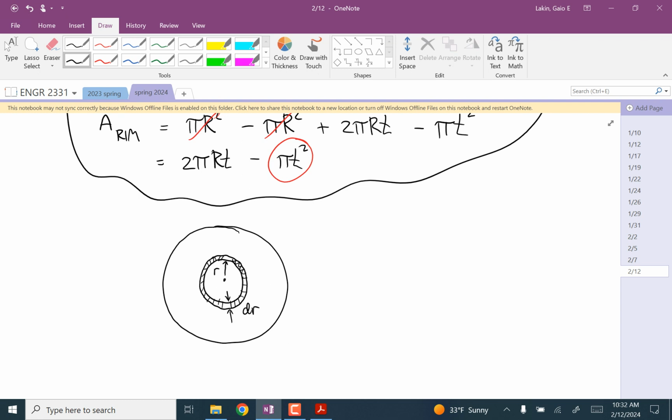If you try to stretch out a non-infinitesimal ring, then it's not an accurate calculation for a finite thickness circular ring.